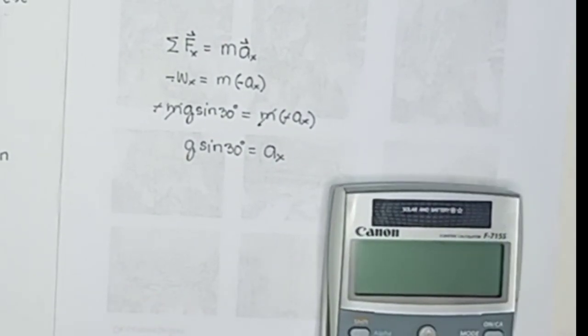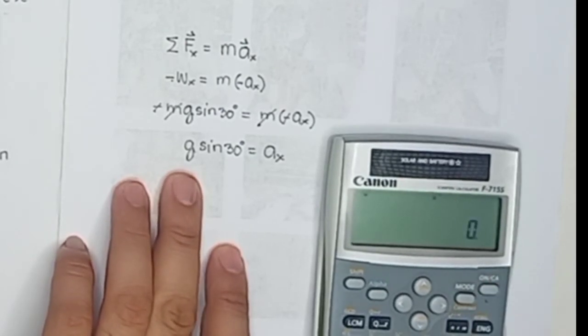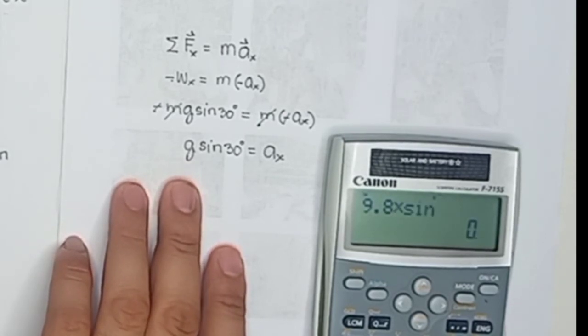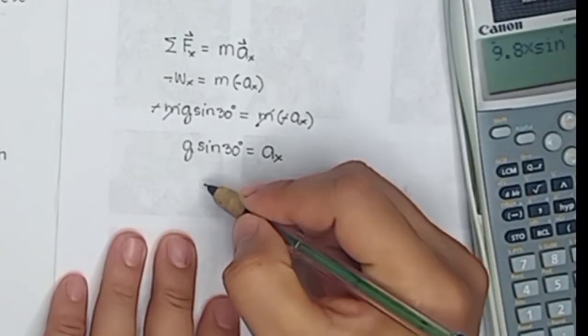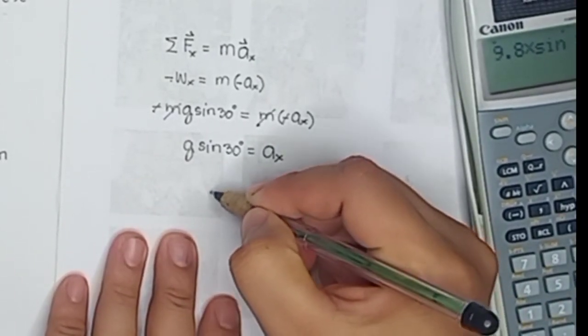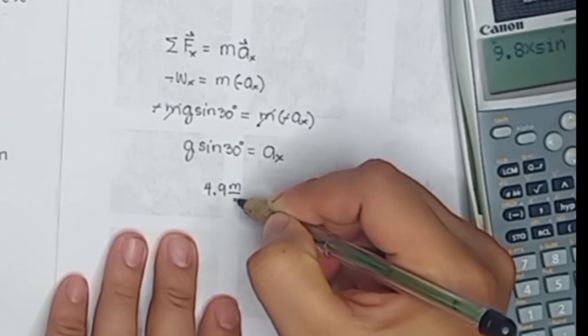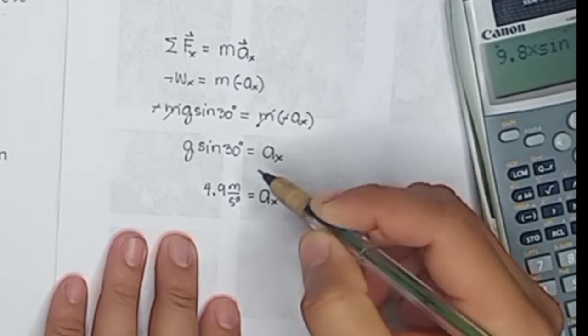We will input this in our calculator. So we have g, which is equal to 9.8 meters per second squared, times sine 30 degrees. So ax is equal to 4.9 meters per second squared. So this is the acceleration of the box.